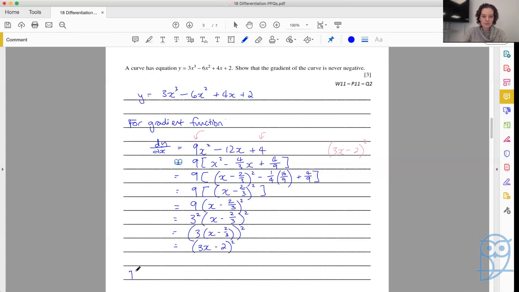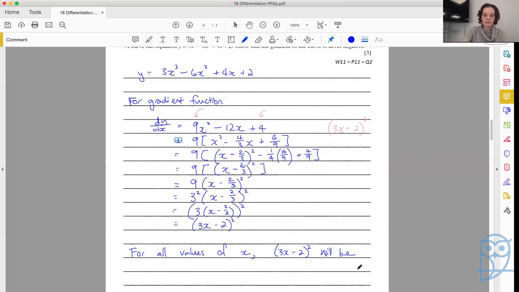So, for all values of x, 3x minus 2 squared will be positive. Therefore, the gradient is never negative. We have shown what they asked.